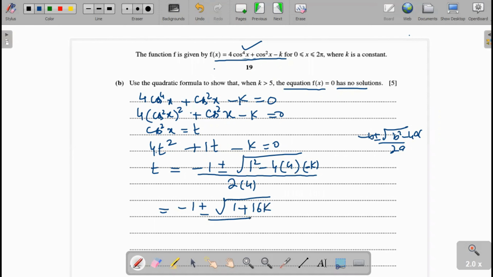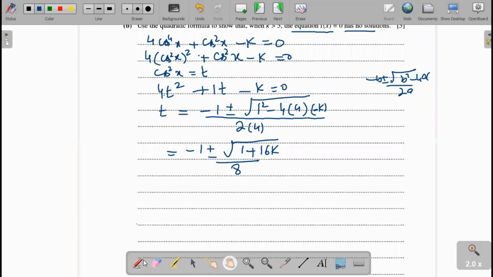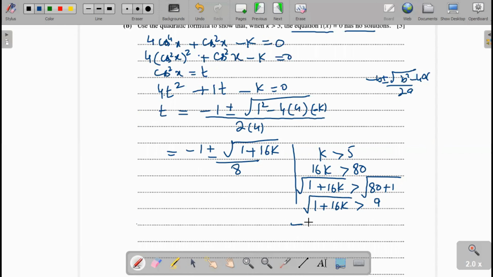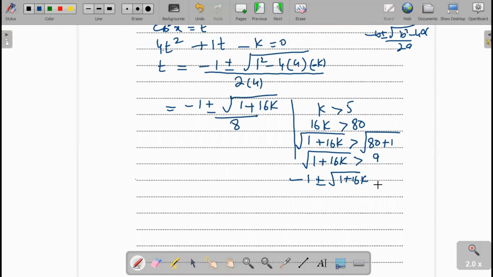Now here k is greater than 5, therefore 16k is greater than 80, and the square root of 1 plus 16k is greater than the square root of 81, that is 9.